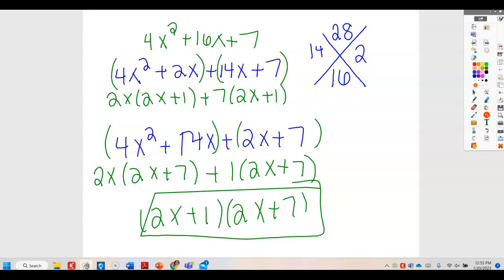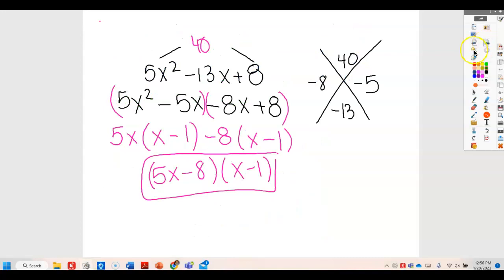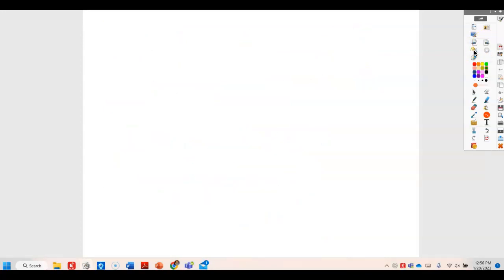So again, there are 3 different cases. You have the case where both terms are positive. We have the case where both terms are going to be negative when you multiply them together. So here I have 5x squared minus 13x plus 8.